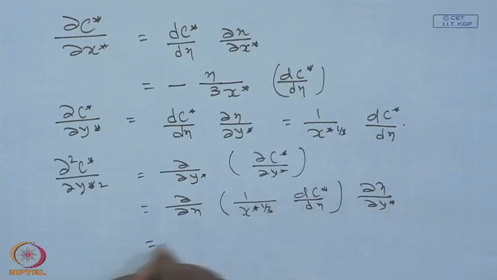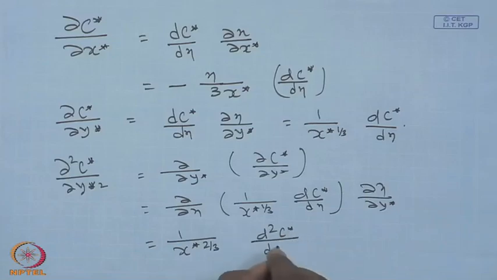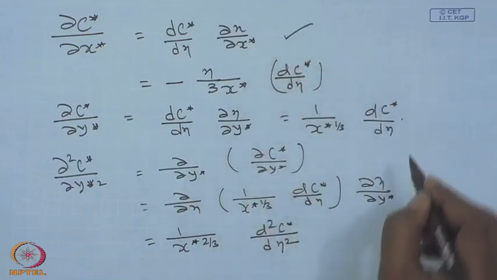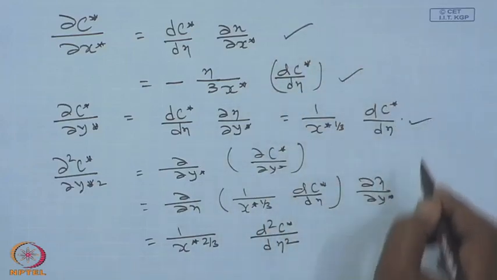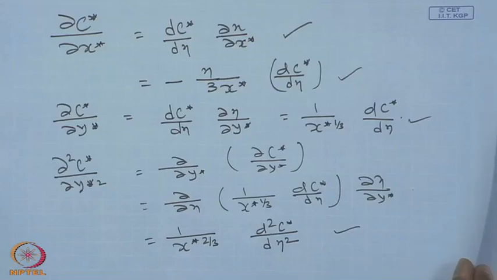So, this becomes 1 over x star to the power 2 by 3, d square c star d eta square. So, we get the 3 partial derivatives in terms of total derivatives of c with respect to eta. We substitute these derivatives in the governing equation and see what we get.